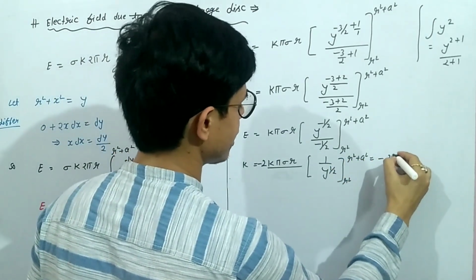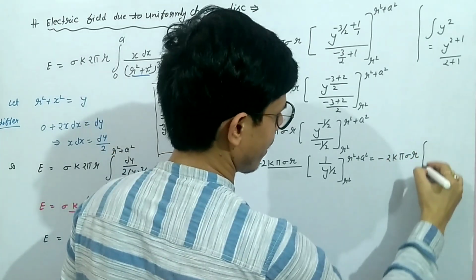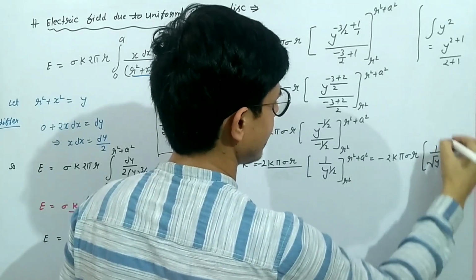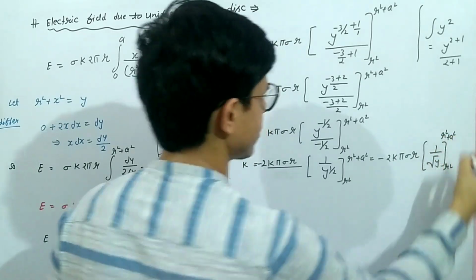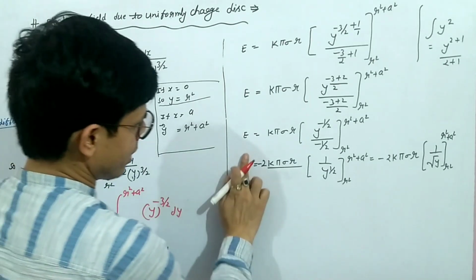This we can write as minus 2k pi sigma r times 1 upon root y, since 1/2 power means root y, with limits r square to r square plus a square. Can we write it? Yes sir, we can write it. Yes. Now further move.